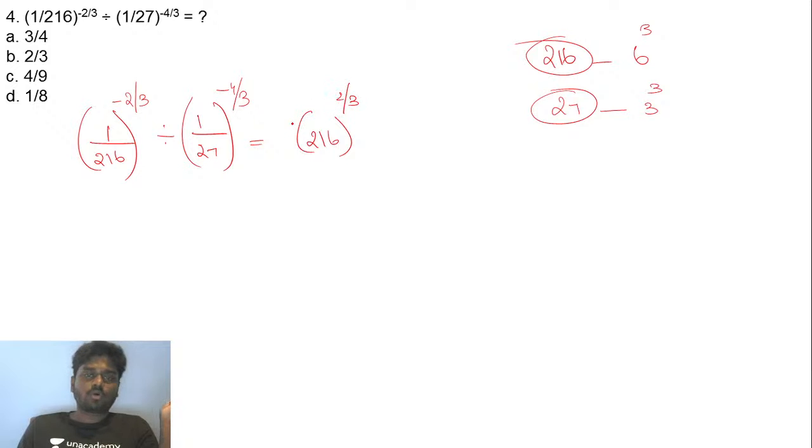If I do reciprocal, the sign in the power gets the opposite, right? So if I do reciprocal of 1 by 216, it will become plus 2 by 3. Right? Divided by, like in the same way, it's going to be 27 power 4 by 3.